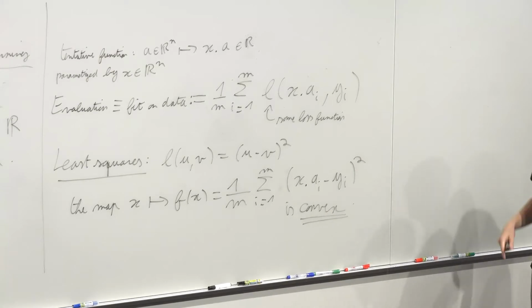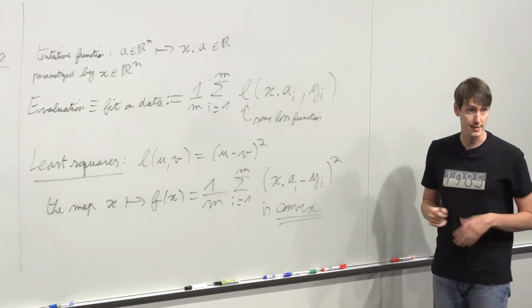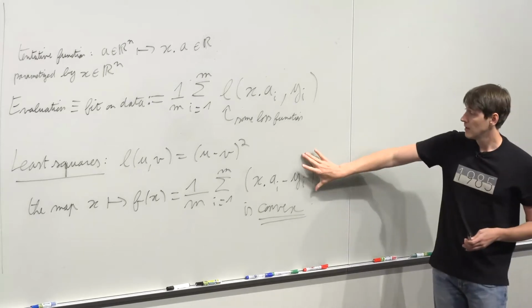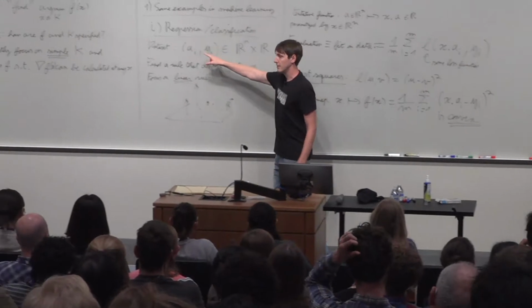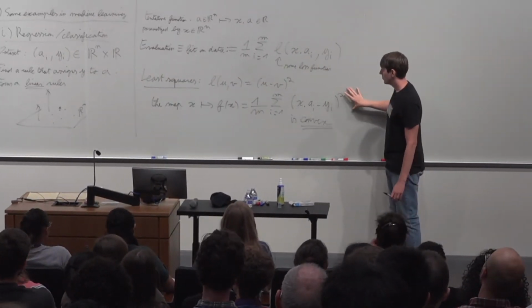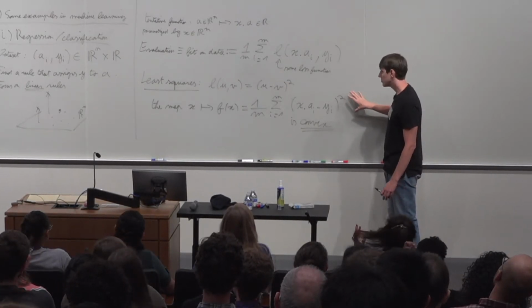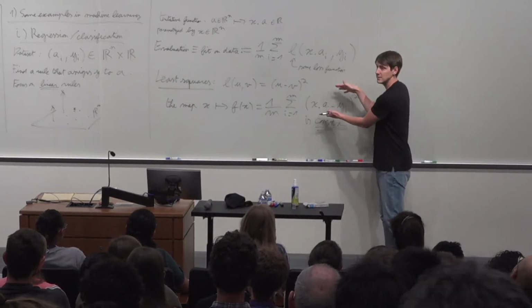So now let me come back to something that Rob was saying about making modeling assumptions, that we're not saying that our data is Gaussian or anything like that. It's true, this makes no assumption about the relationship between yi and ai. But what I'm going to say now is that one way to view this is as a maximum likelihood estimator in a certain model. So making a modeling assumption will result in this loss function.